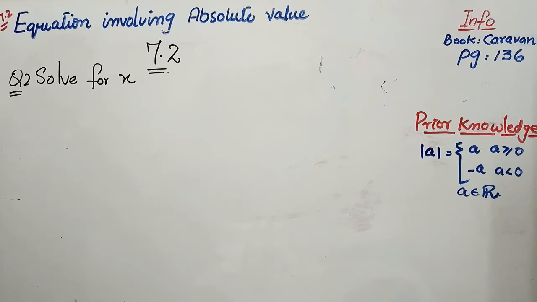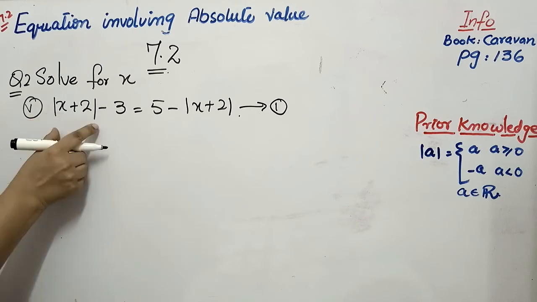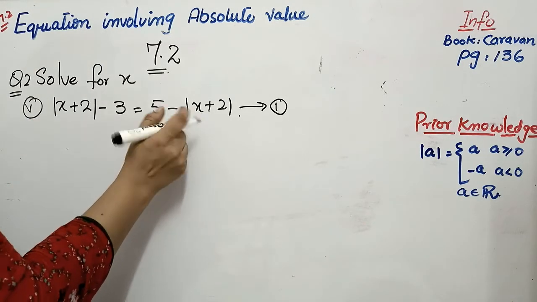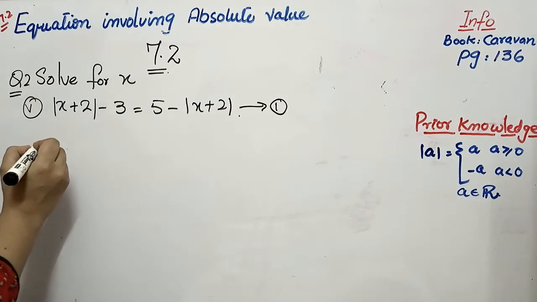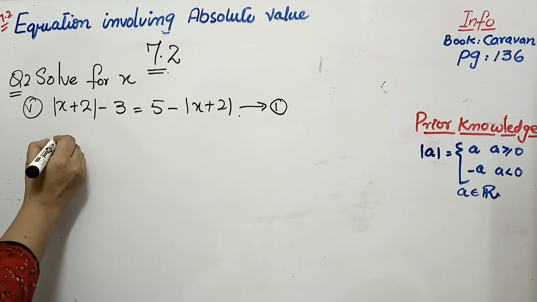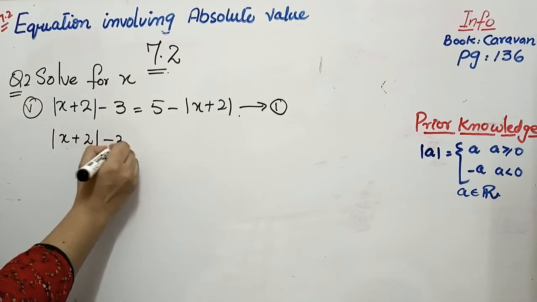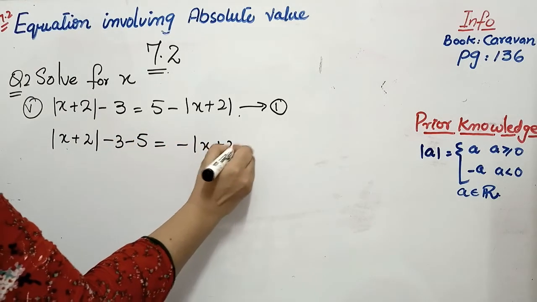Let's start exercise 7.2. It's question number 2, and we are going to solve its fifth part. Mod of x plus 2, minus 3, is equal to 5 minus mod of x plus 2. So right now we have to remove mod from one side of the equation. It will be mod of x plus 2 minus 3 minus 5 is equal to minus mod of x plus 2.